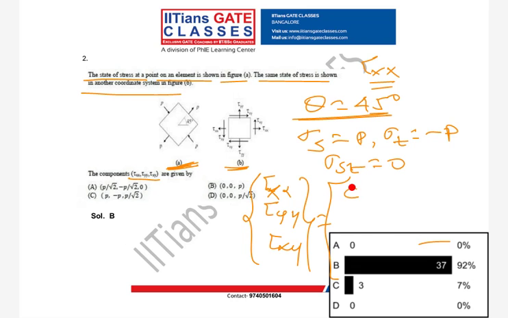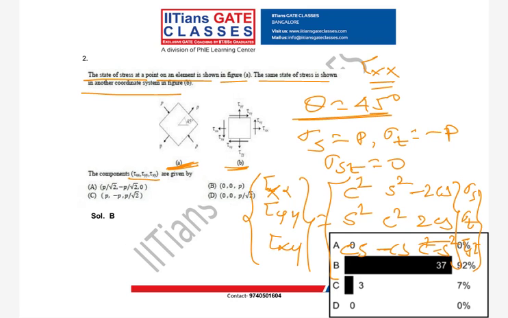So it is c square, s square, minus 2cs, then s square, c square, 2cs, then cs, minus cs, c square minus s square, times sigma s, sigma t, tau st. Is it clear?